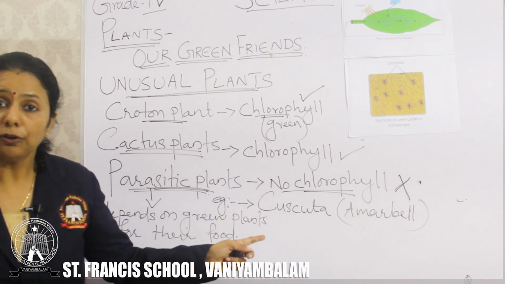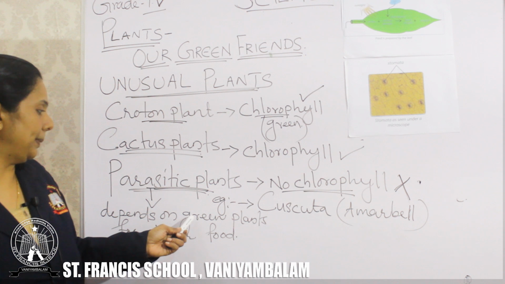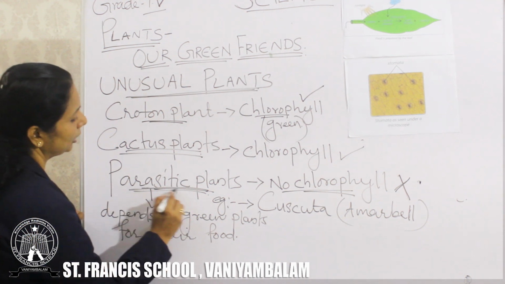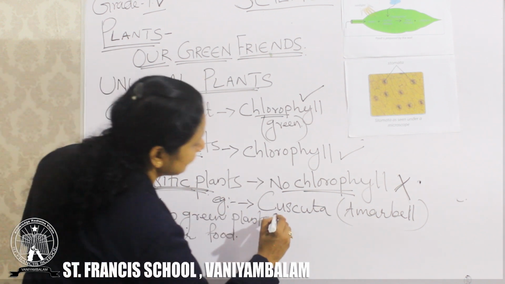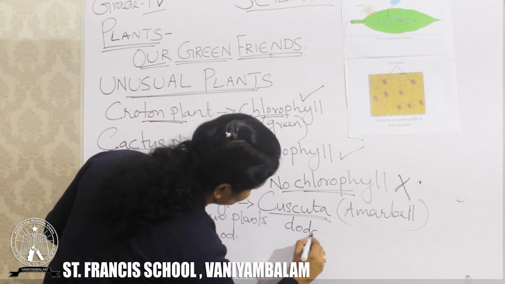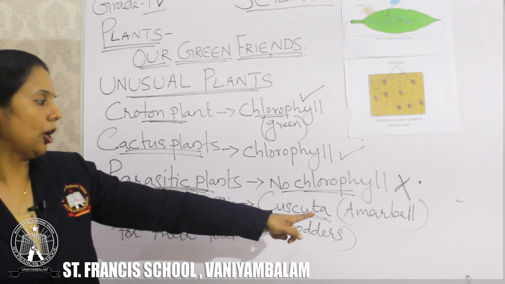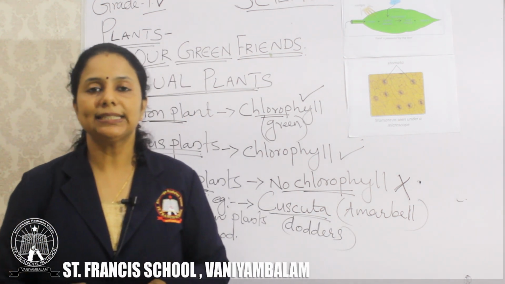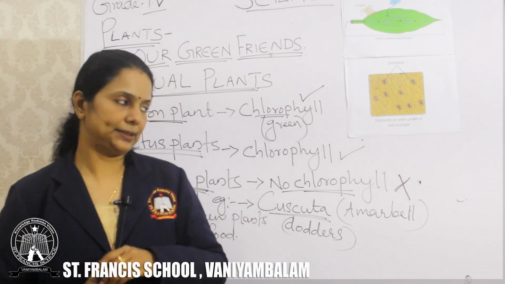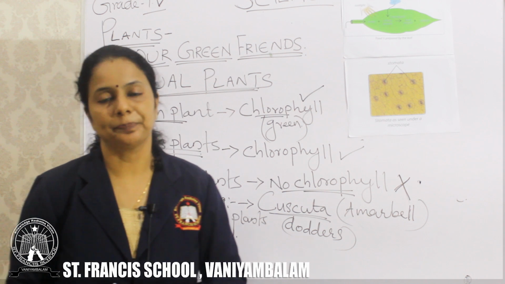Without chlorophyll, plants cannot make their food, so they depend on other green plants. That is called parasitic plants. An example is Cuscuta, also known as Dodder, and commonly known as Amarbel, which is a yellow climber that can be seen on trees. This is one example of a parasitic plant.